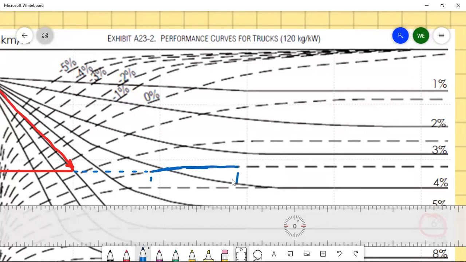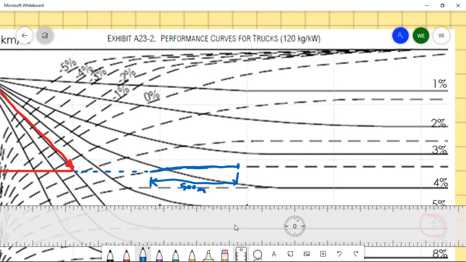That's the distance, because from the dotted line to the dotted line, that's 500. So it will exit at that speed.